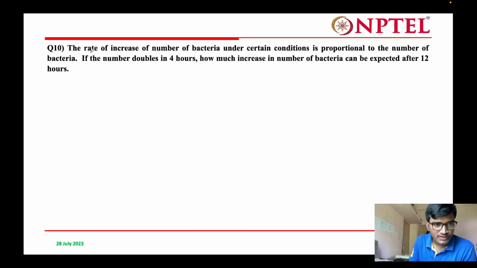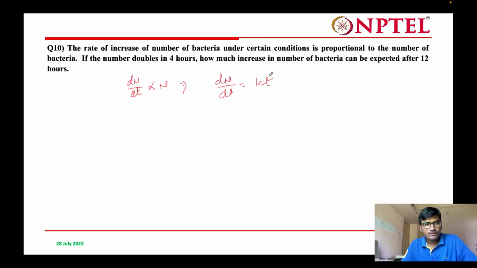So in this question, the rate of increase of the number of bacteria means dN by dt, right? Under certain conditions it is proportional to the number of bacteria. Here N is the number of bacteria, so dN by dt is equal to kN. If the number doubles in 4 hours, how much increase in number of bacteria can be expected after 12 hours?